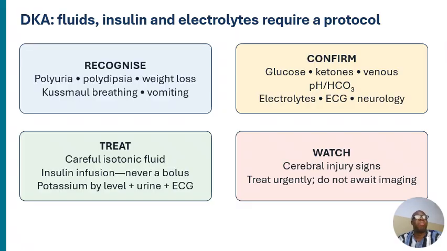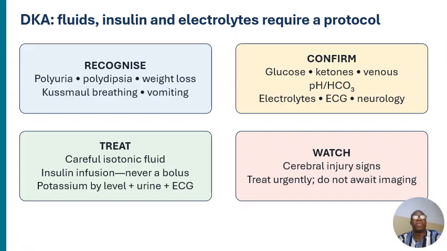Confirm glucose, blood or urine ketones, venous pH or bicarbonate, and electrolytes. Monitor ECG and neurologic status. Management must follow a pediatric DKA protocol, which I believe is available in our hospital. Begin carefully with isotonic fluid replacement, then start an insulin infusion at the specified time and rate based on the protocol. Never give an insulin bolus.